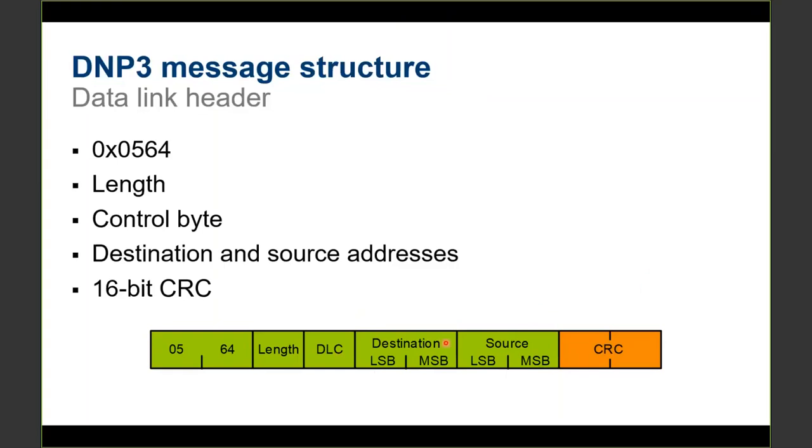And when the slave station responds, I will see the opposite: the destination will be 1 and the source will be address 5. Additionally, each address has 2 bytes, and these 2 bytes allow an address range of more than 65,000 devices on the same network.